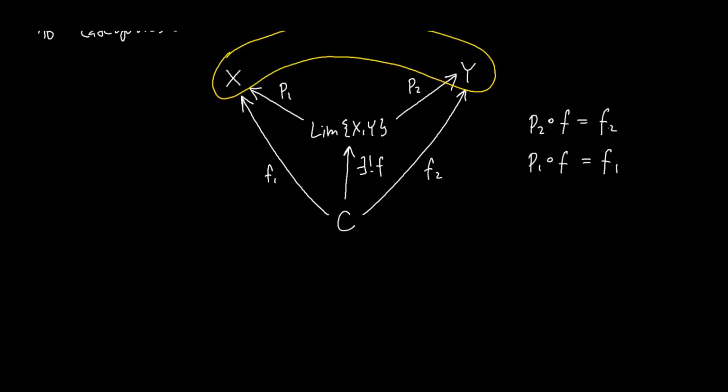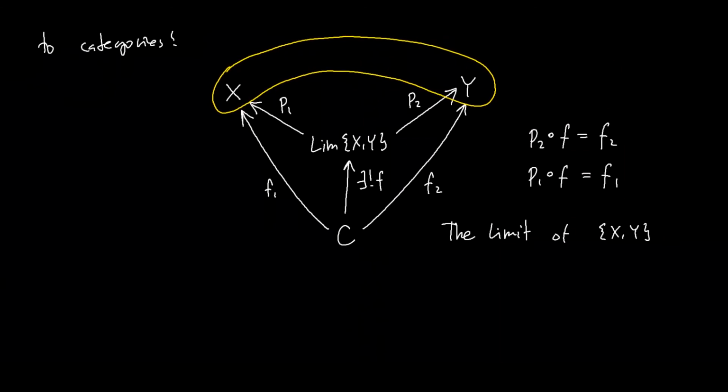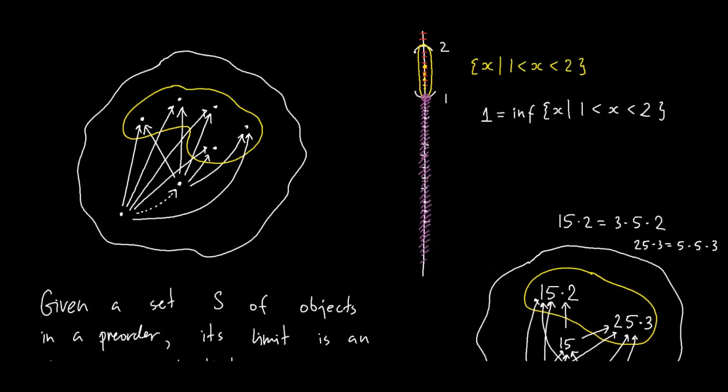Okay, so what is the definition? So in the special case, the limit of this set of objects x, y, there is another thing that I'm not discussing yet, namely that in the case of pre-order, when I have two objects that are the same, let's say x and y are the same object, then of course my picture becomes just this, and then of course the largest thing that's less or equal to everything in here will be just that point.